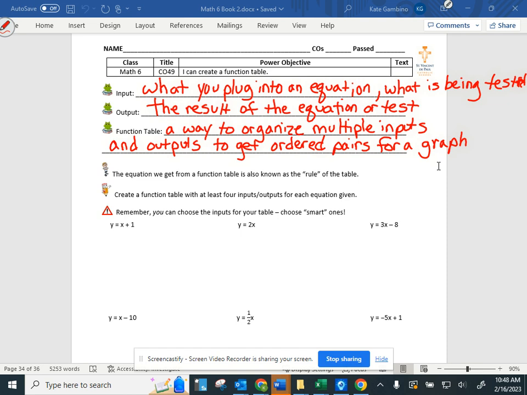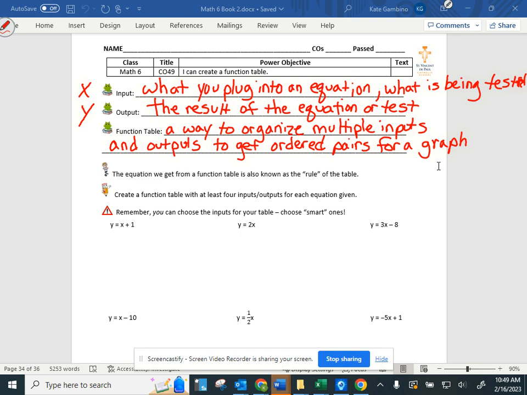So we use that function table to get our inputs, and our inputs are going to be our x's, and we get the output is going to be our y's, and we use those to make ordered pairs to graph our function.